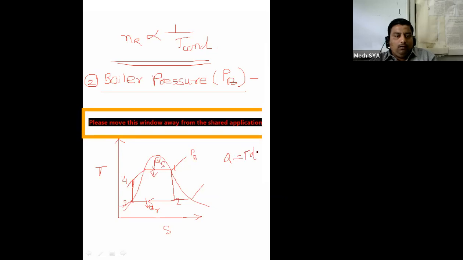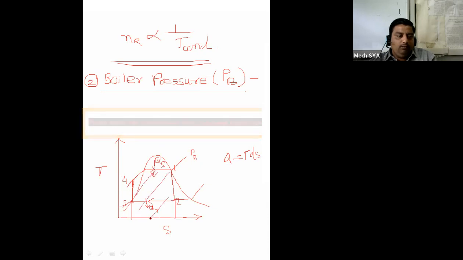So to calculate the heat supplied, the area under the heat supplied process on the TS diagram will be the heat supplied. This includes all these hatches, the complete heat supplied.